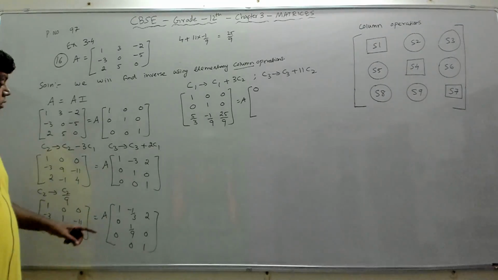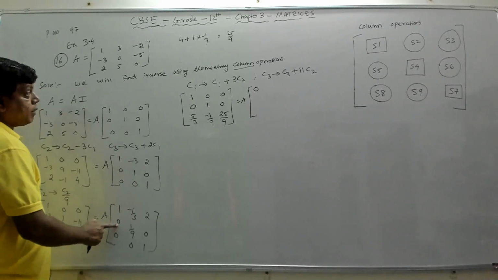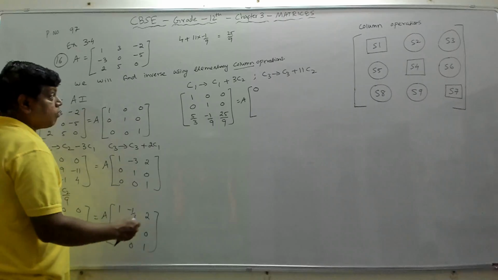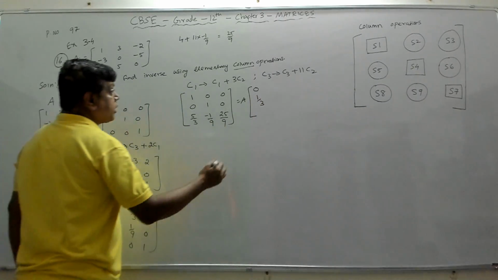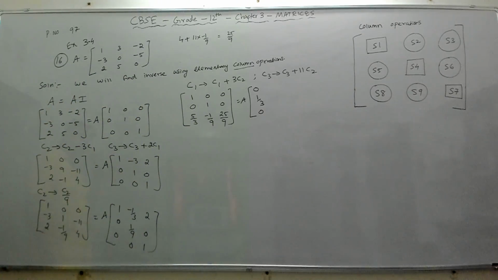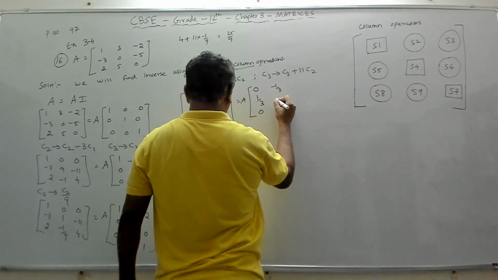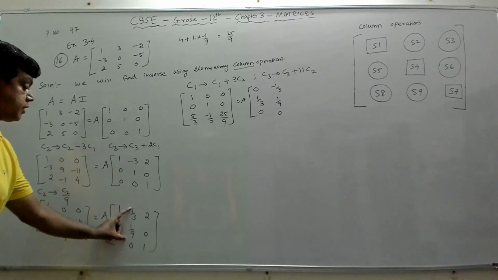Then the next one is this one. 0 plus 3 times 1 by 9 will give me 1 by 3. Now 0 plus 3 times 0 is 0. Then I will write C2 as it is, minus 1 by 3, 1 by 9, because column 2 is not getting changed. So I have written this as it is.